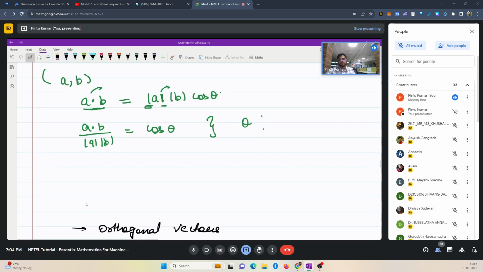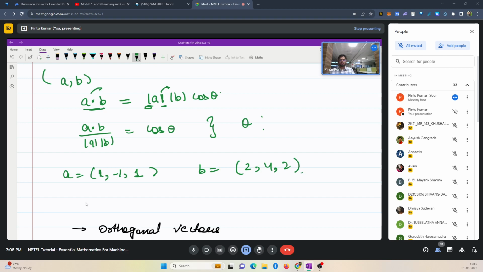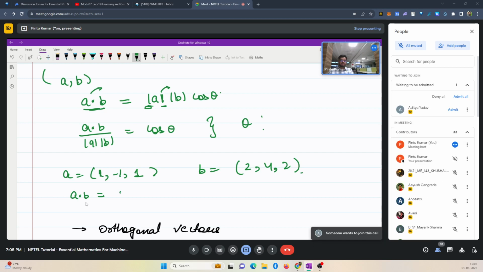So let's take an example where a is equal to 1 comma minus 1 comma 1, and b is equal to 2 comma 4 comma 2. Now what is my a dot b? My a dot b is 2 minus 4 plus 2, which is 0.